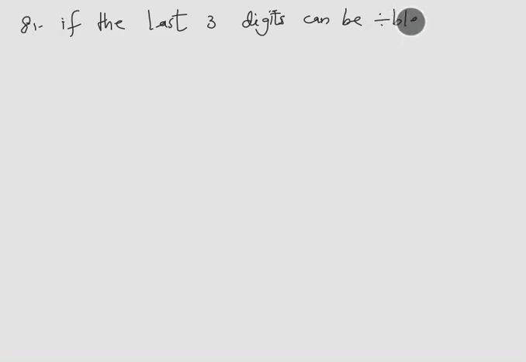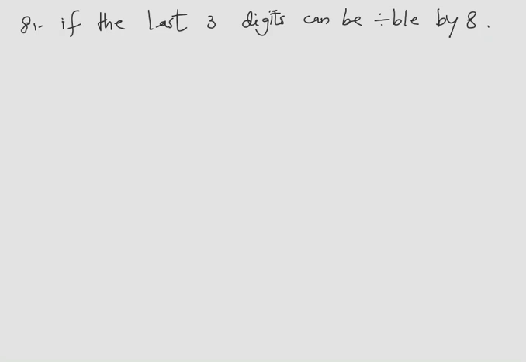Okay, the rule for 8 is, if the last 3 digits can be divisible by 8, that whole number will be divisible by 8.